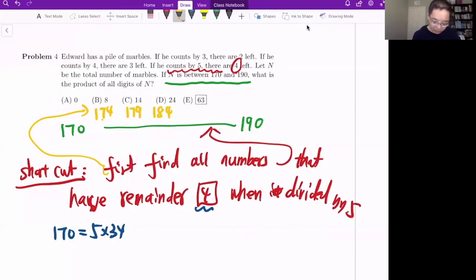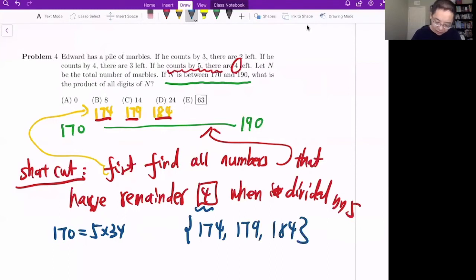So we have only 3 numbers that satisfy the requirement that when divided by 5, the remainder is 4, and they're between 170 and 190. So we collect those numbers: 174, 179, and 184.